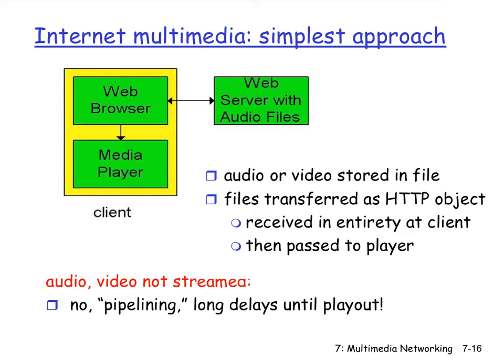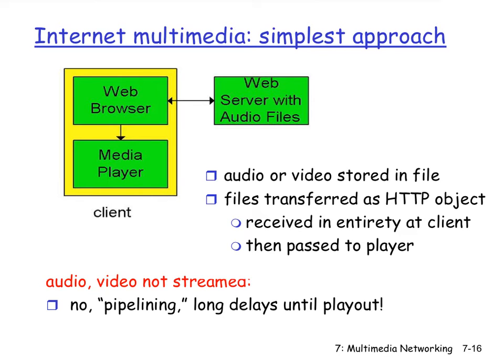So assume that we have a web browser, and the web browser wants to fetch some multimedia content from a server. One common method for this is to use HTTP, and the simplest approach, which does not have any kind of streaming, is that we have an HTTP GET to the server.